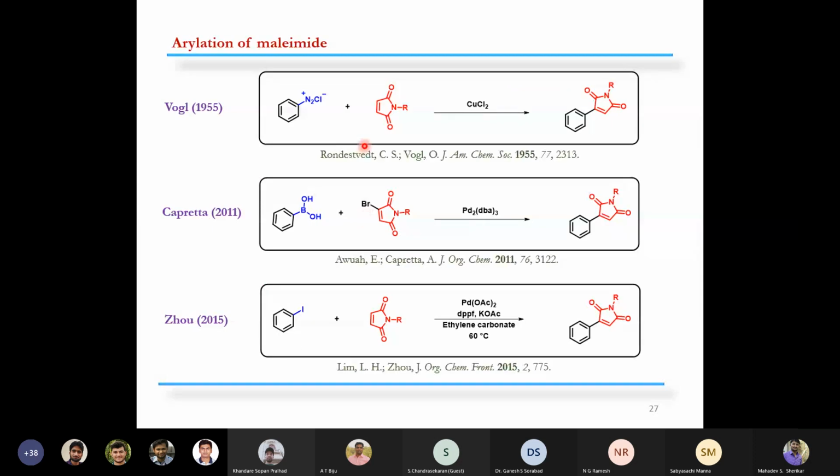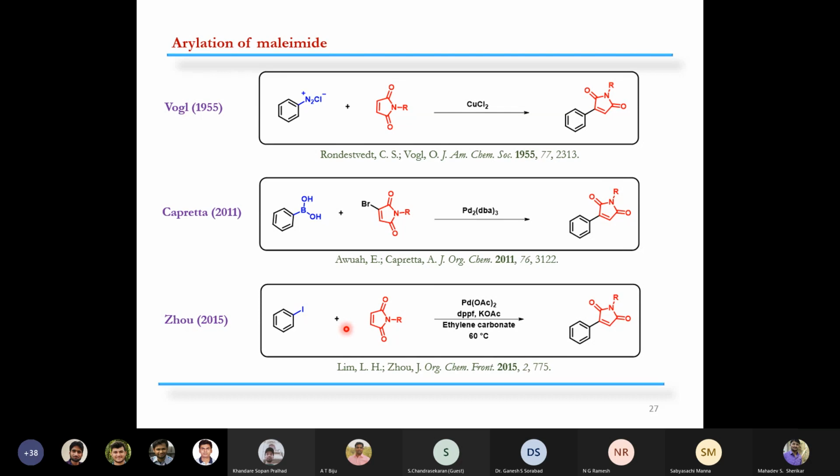Coming to the previous literature, we found that in 1955, Vogel group has done the Meerwein reaction of maleimide by using copper, and they achieved the arylation at the double bond of the maleimide. After a long time, Capretta has done the Suzuki coupling reaction of bromomaleimide with boronic acid to achieve the arylated product at the double bond of the maleimide.